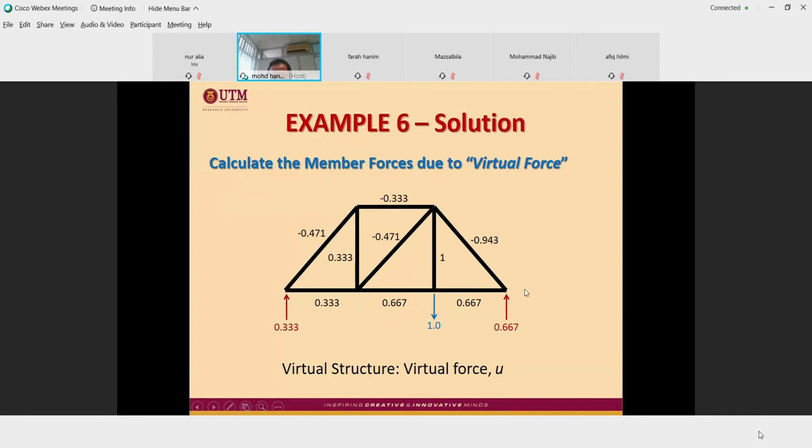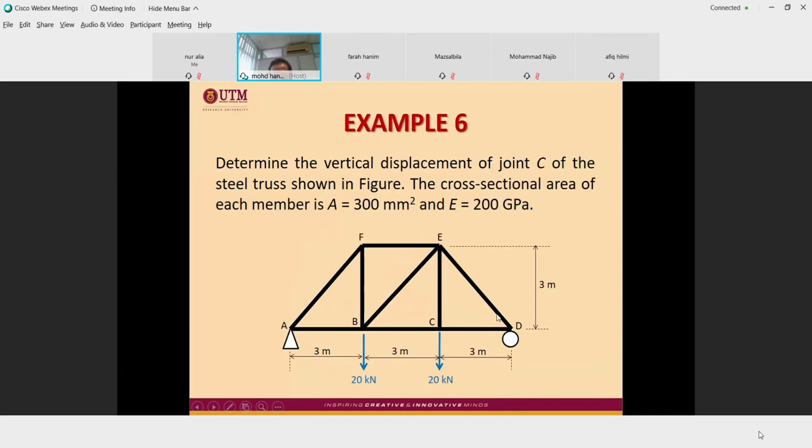This is equal to 0.667 multiplied by 3 square root 2, equal to 0.943, or 0.667 multiplied by 1.412, or 0.667 divided by tangent 45 degree, because this one is 45 degree.